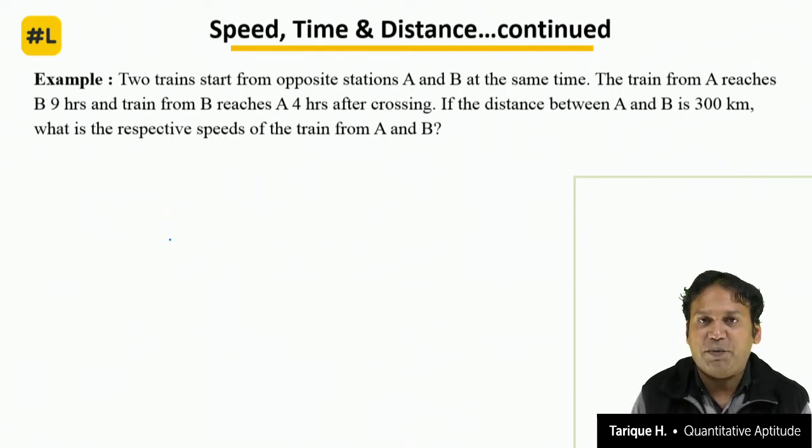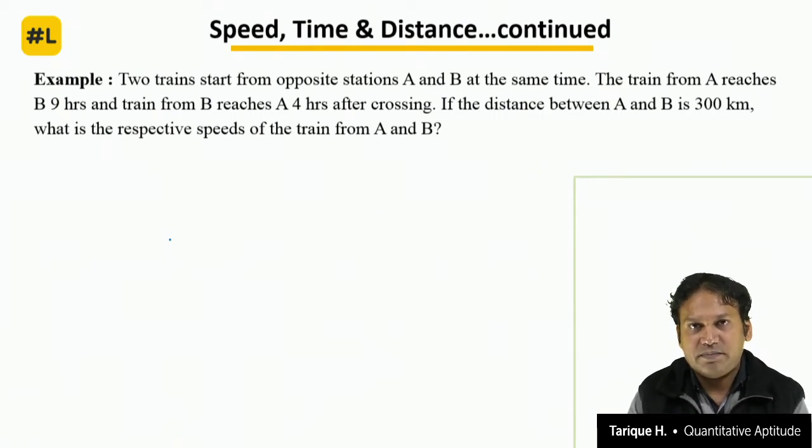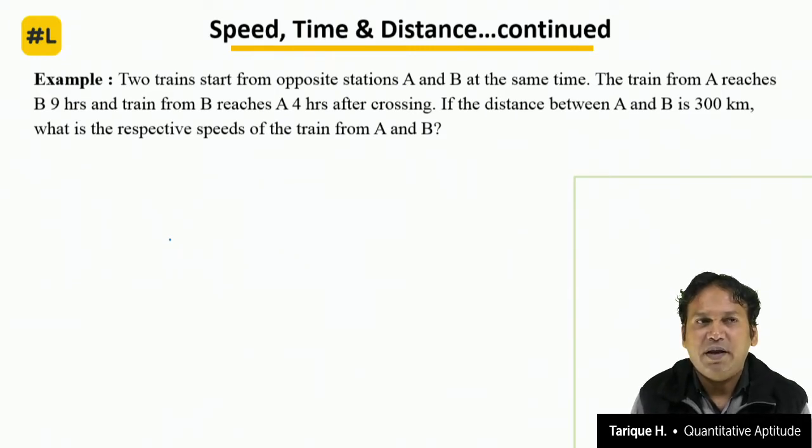What are the respective speeds of the trains from A and B? Look at the question, take some time, try to make a diagram or something to form the question, and then we will see how you get the answer. Which of the ratio concepts will be applied to get the answer for this question?